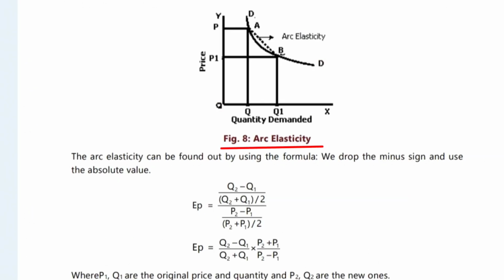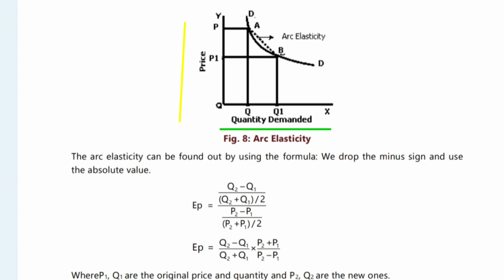Now here, please look into figure 8 in page 2.29. Now the quantity demanded on the x-axis is shown as 2 points Q and Q1 and the price is OP and OP1. The price at OP, the quantity demanded is OQ. Now the price when it reduces to OP1, the quantity demanded increases to OQ1.